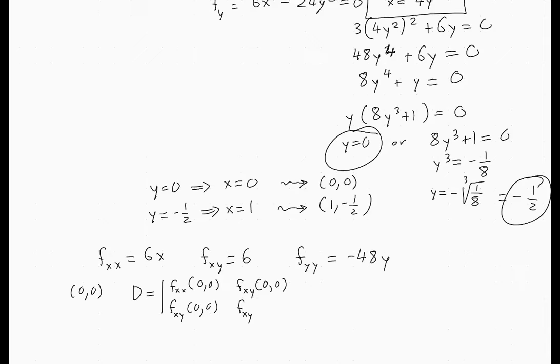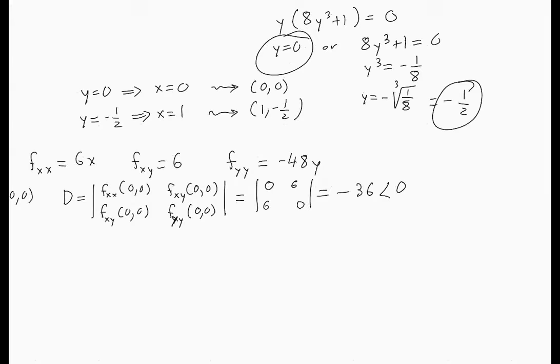Let's put these numbers together. So we will get 0 here and 0 there. And then we will have a 6 here, a 6 there. When you find that determinant, you find negative 36. That's less than 0. This is what we call a saddle point. So we have no extremum, no local extremum here.